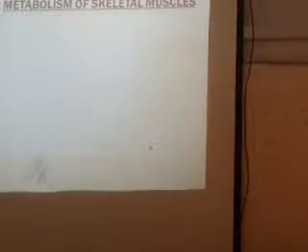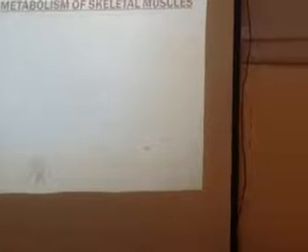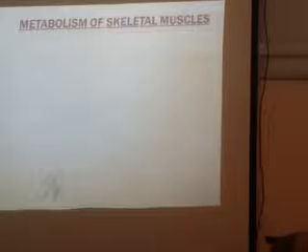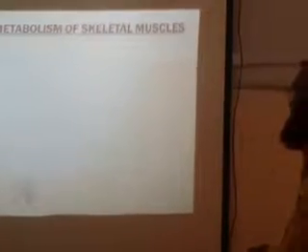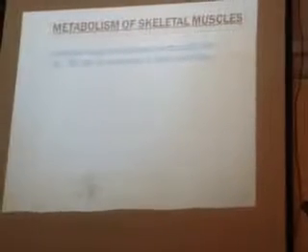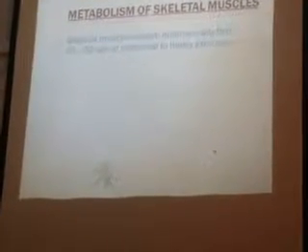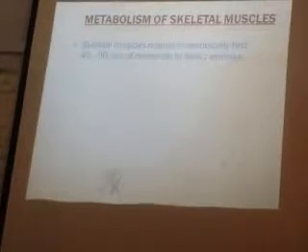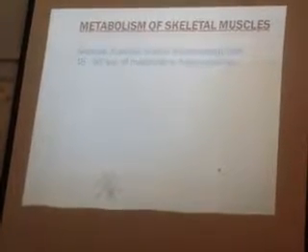And the next objective is metabolism in the skeletal muscle. In skeletal muscle, the muscles respire anaerobically, without oxygen, for the first 45 to 90 minutes of moderate to heavy exercise.